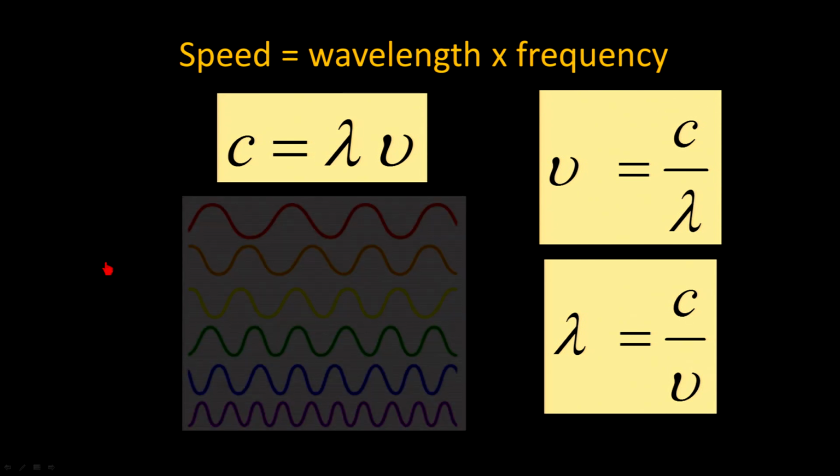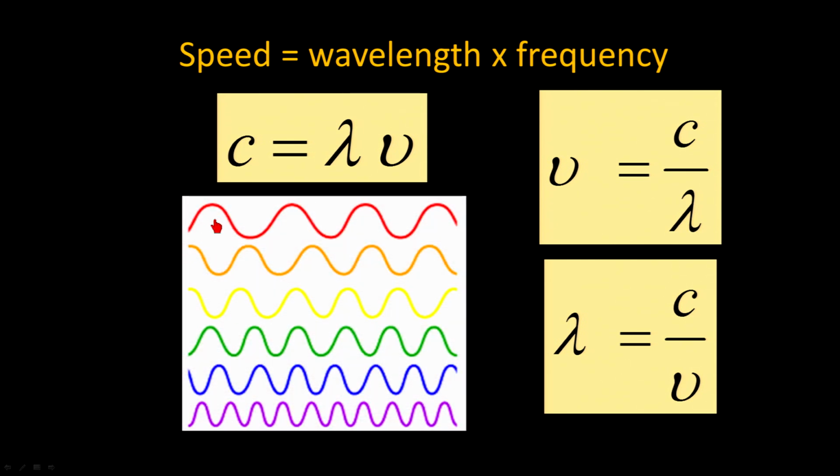What this all boils down to is that if we have light of different colors, which is light of different wavelengths, which is also light of different frequencies, when the light is red light, the wavelength is longer, and when the light is violet, the wavelength is shorter. But this longer wavelength, even though the wavelength is bigger, has a smaller frequency, and this wavelength is smaller, it has a higher frequency. So bigger wavelength means a smaller or lower frequency, so they're inverse to each other.